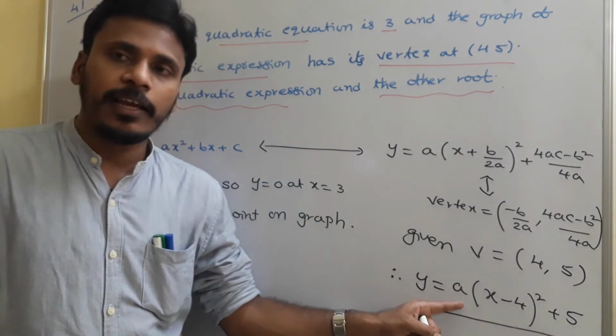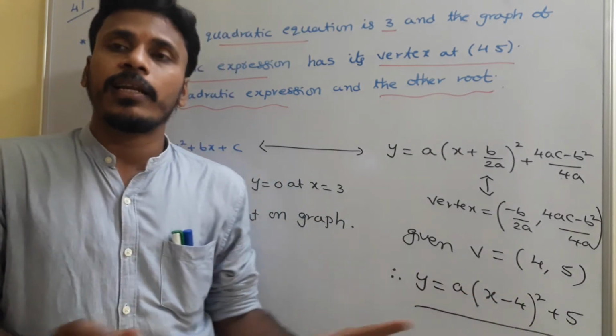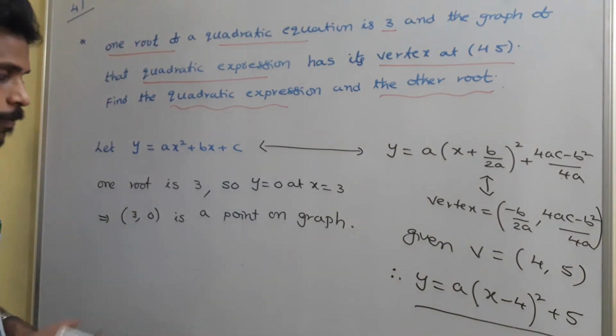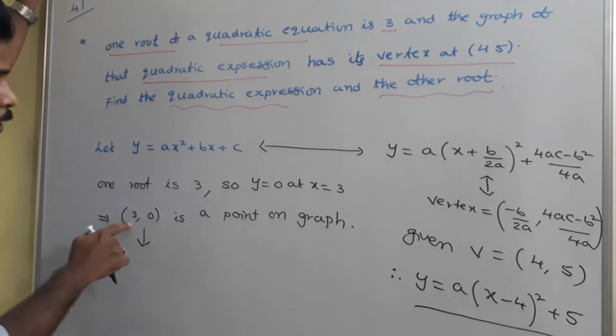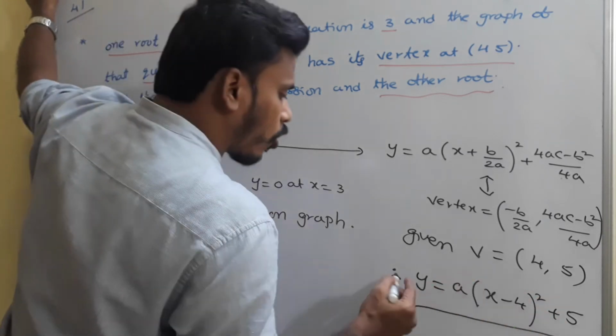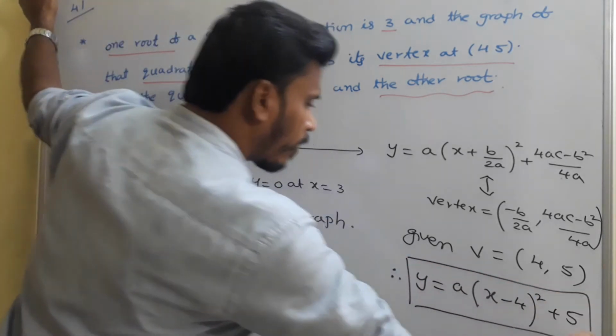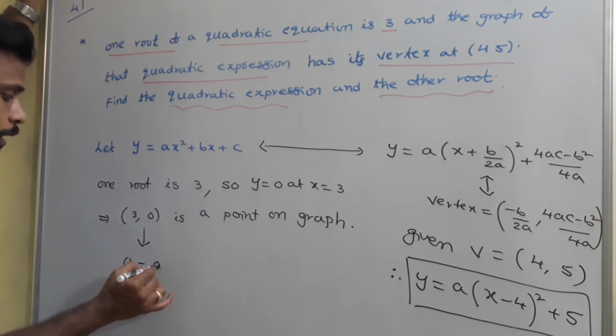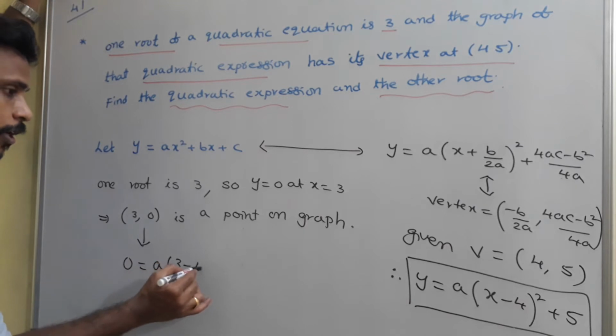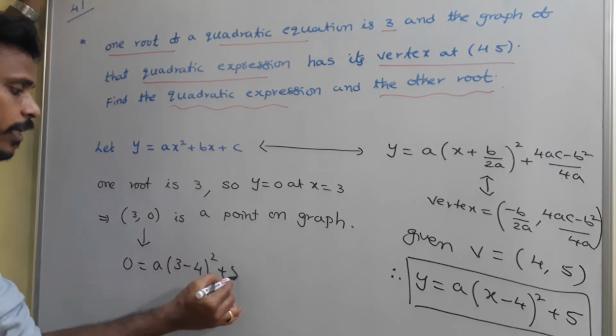If we are able to find a, then it is enough to find the quadratic expression. For that a, you need to use this point (3, 0), which is a point on this expression. So replace y with 0 and x with 3: 0 = a(3 − 4)² + 5.